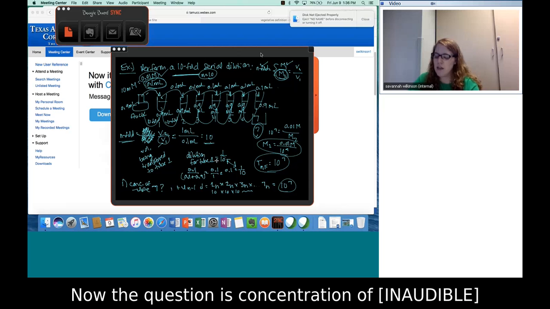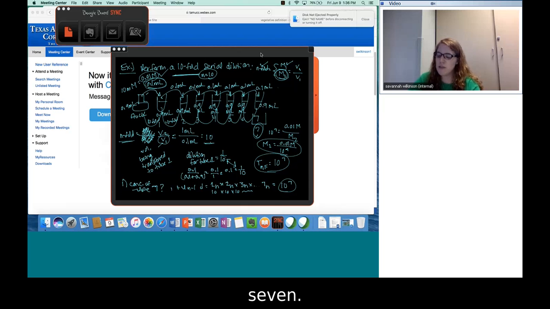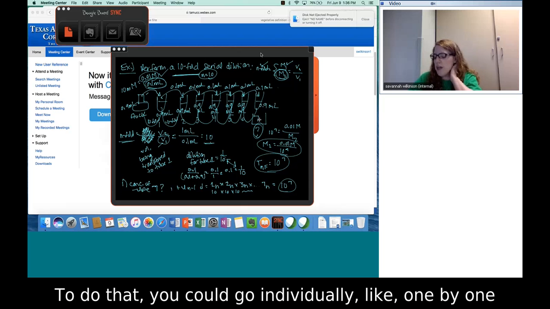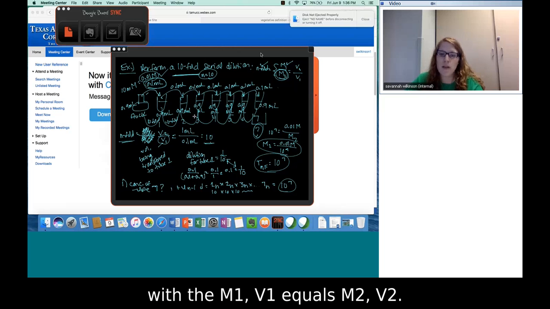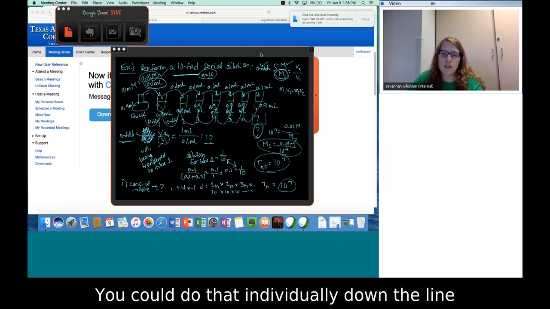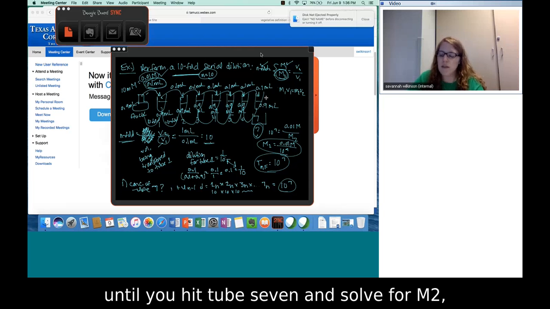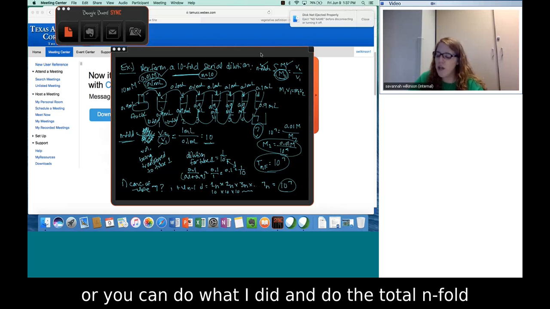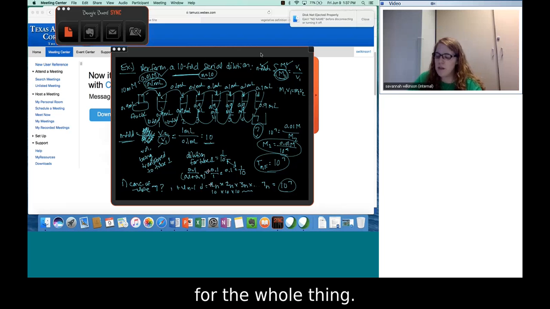Okay, good. Now the question is the concentration of tube 7. To do that, you could go individually, one by one, with M1 V1 equals M2 V2, like you could do that down the line until you hit tube 7 and solve for M2, or you can do what I did and do the total N-fold for this whole thing.